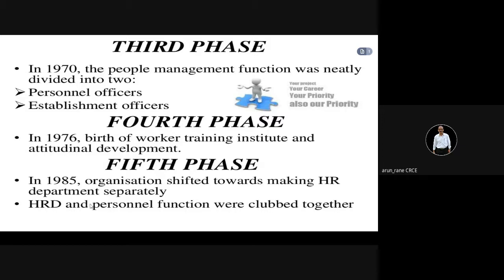Earlier it was a part of production, but in 1985 it became totally separate. Even now, if you go to small scale companies, like companies having 10 people, or 20 or 30 people, the HR is handled by the proprietor himself. Those are proprietorship companies. But even then, he keeps at least one person who takes care of HR, that is attendance, leave, salary calculations. One dedicated person is required.